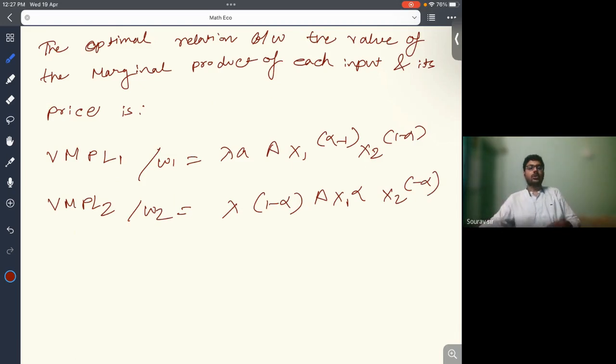Okay. So now the optimal relation between the RTS and the input price ratio. We have to establish the optimal relation between these two factors.